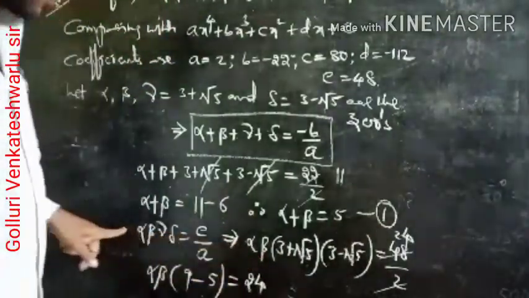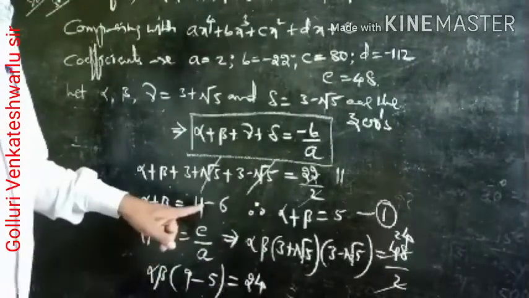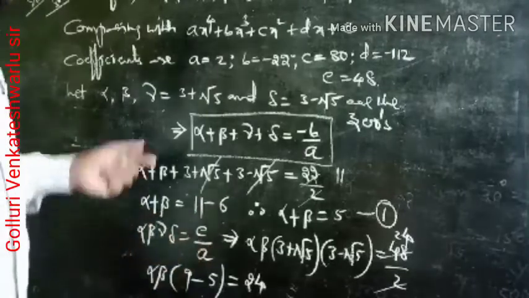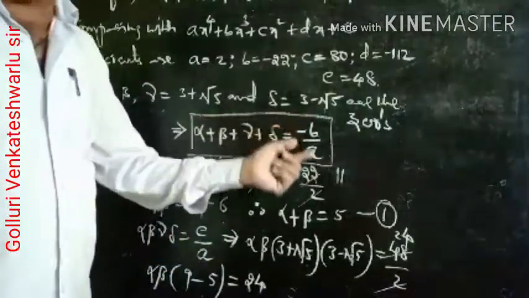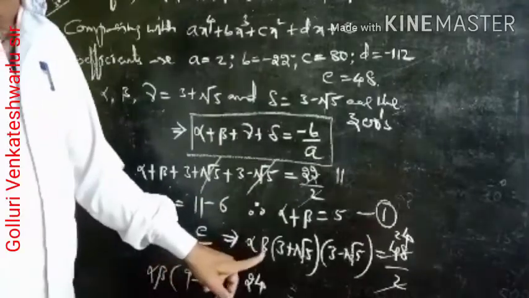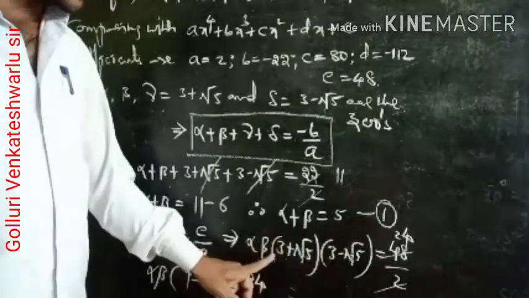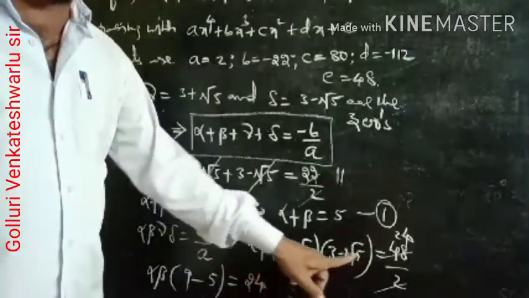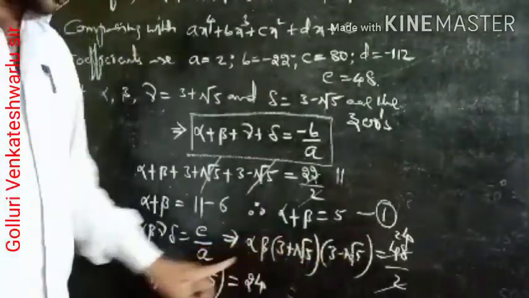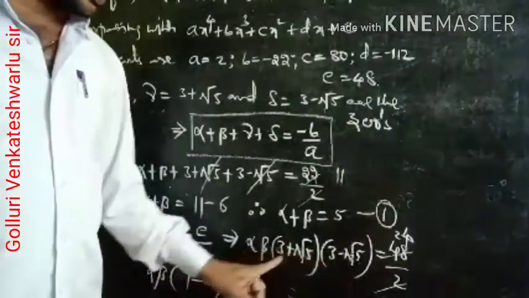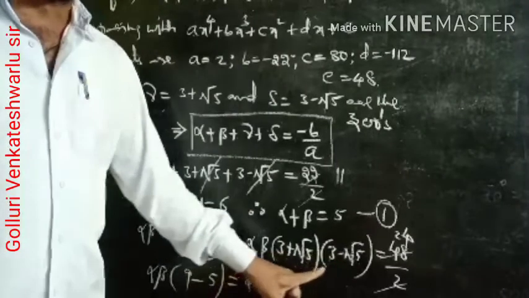So the product of zeros will be equal to e by a, and the sum of zeros will be minus b by a. The product of zeros means alpha into beta into gamma into delta, where gamma value is taken as 3 plus root 5 and delta value is taken as 3 minus root 5. Here we know the value of alpha into beta, and it is in the form of a plus b into a minus b.